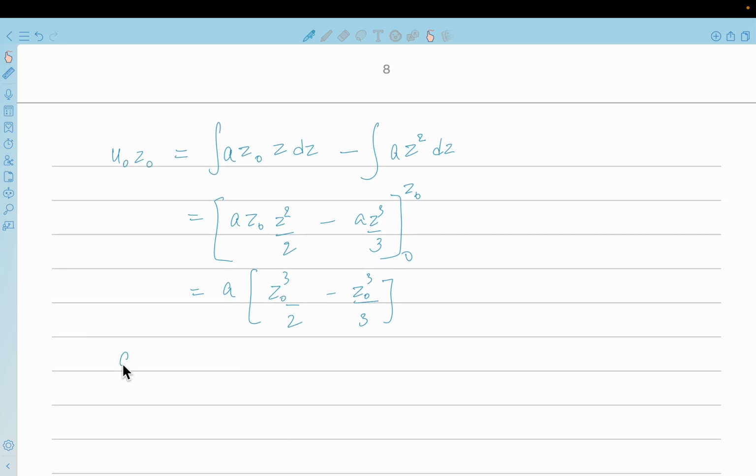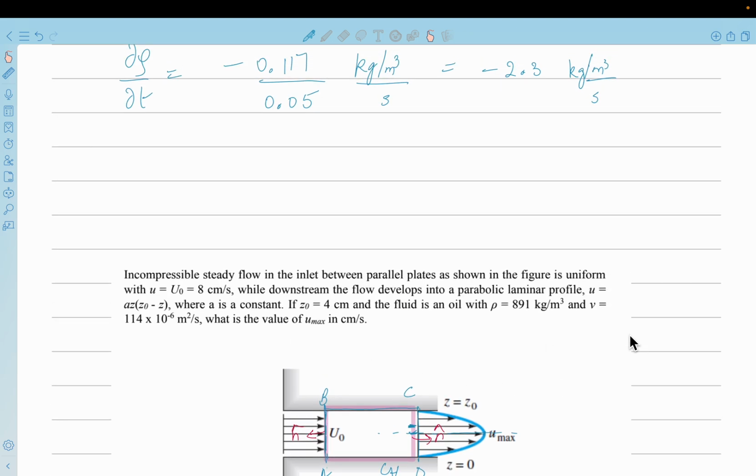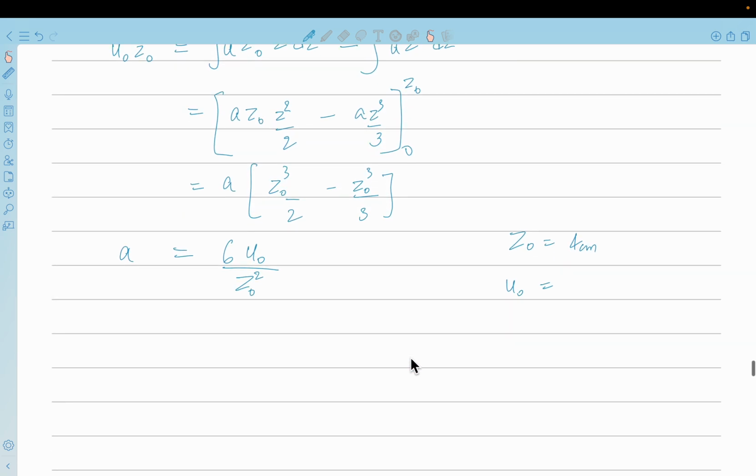So what is the value of A? Six U naught divided by Z naught square. Okay, and Z naught is given as 4 centimeters, and U naught is given to you as 8 centimeters per second. So what is the value of A?